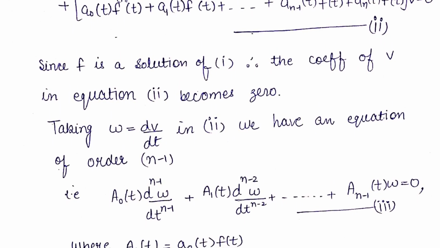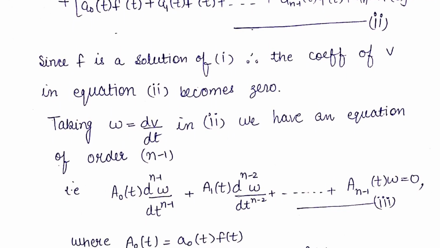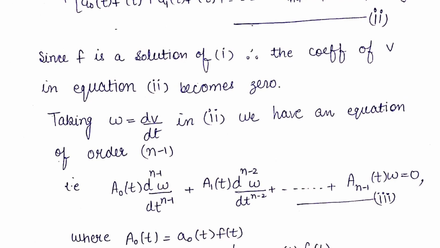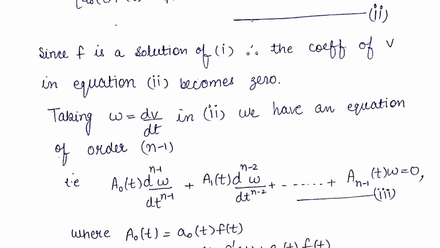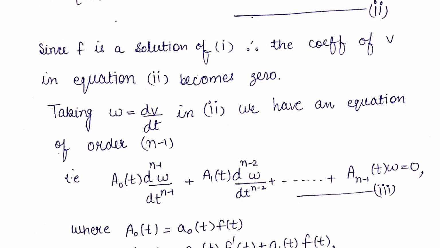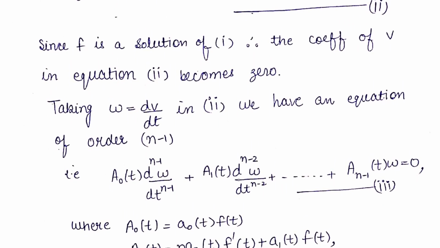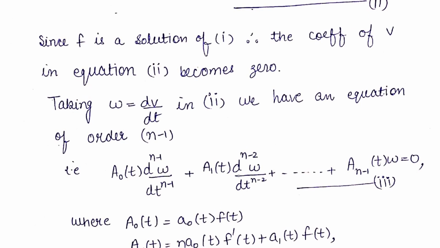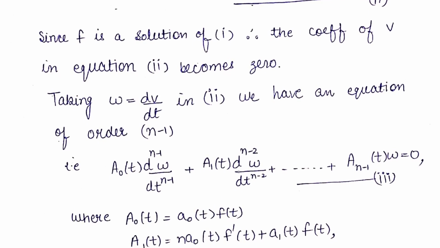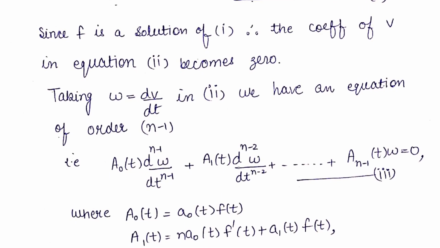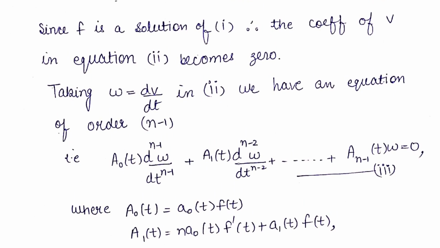capital A naught t is equal to small a naught t into f t, capital A1 t is equal to n a naught t f dash t plus a1 t f t, and capital A n minus 1 t is n a naught t f^(n-1) t plus a n minus 1 t f t.